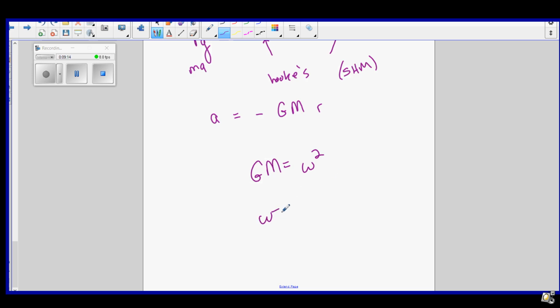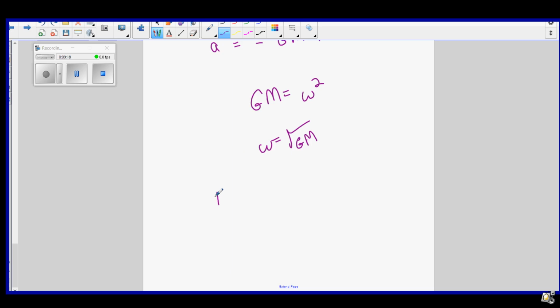So omega is the square root of G times the mass of the Earth. We know the period of this simple harmonic motion is just 2 pi over omega. So if you want to know how long it would take you to come back, if you jump through that hole through the center of the Earth, it's just 2 pi over the square root of G times the mass of the Earth. So maybe let's try to get that in hours and figure out how long that would take.